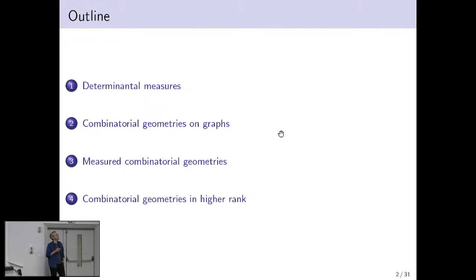And then I'll talk about so-called combinatorial geometries, which are a deterministic thing, sometimes also called matroids, and which is a classical part of mathematics, which is useful to think about the kind of random graphs we want to talk about. And then I look at random such combinatorial geometries, an example of which are random spanning trees. And then I'll talk about our still ongoing project about these geometries in higher rank, and I'll define what that means.